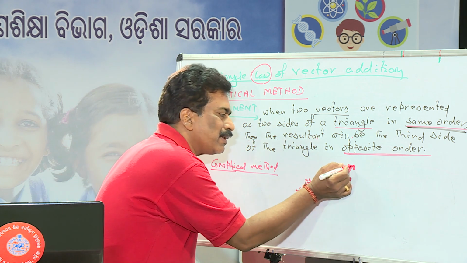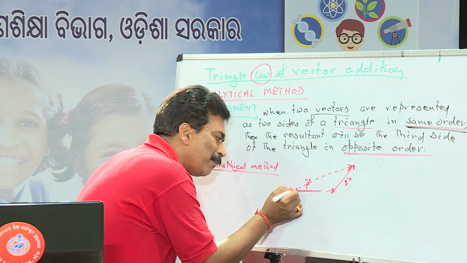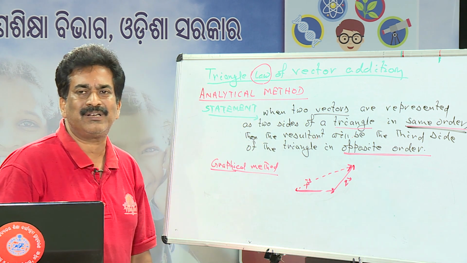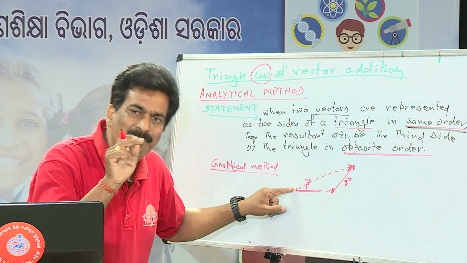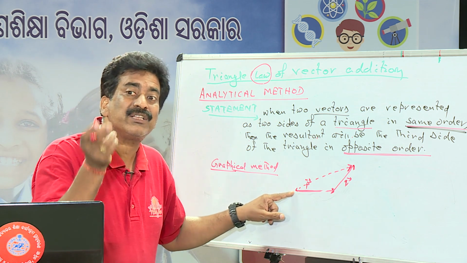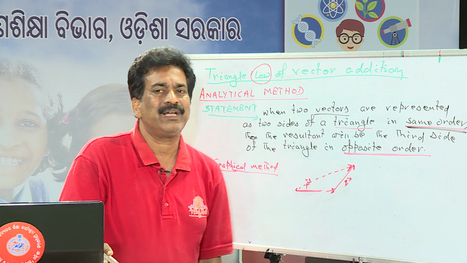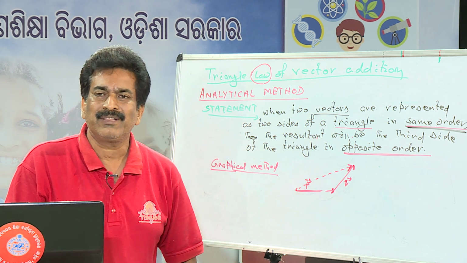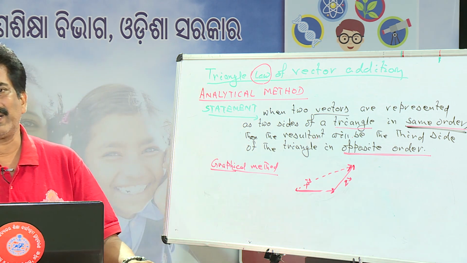If the resultant is in the same order, this will be complete here. This will be the resultant in the same order. So, where the final point and the initial point coincide, what will the displacement be? The displacement will be zero, as per the example.